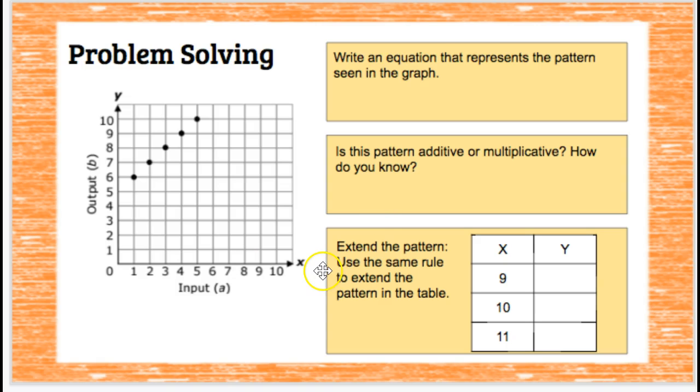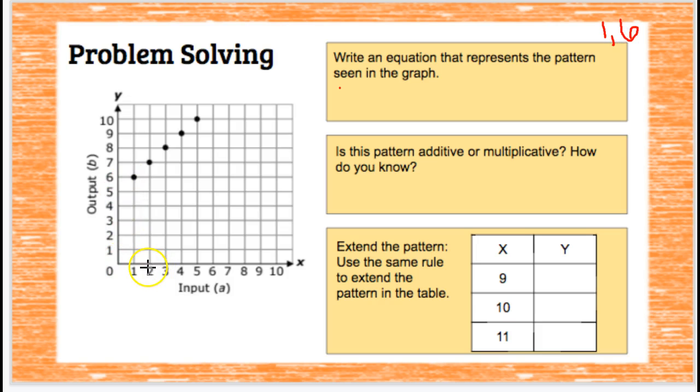Okay, here we're problem solving. We're going to write an equation that represents the pattern seen in the graph. Let's see. So we want to find, we're going to write the points. So this first point, it's over 1, it's up 6. I'm going to write them going down so I can make a table. 1, 6.